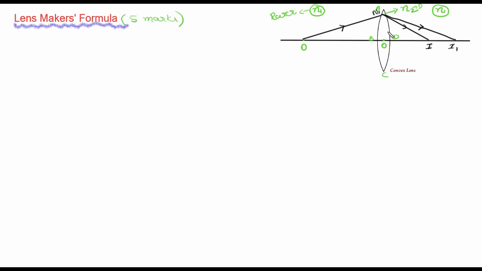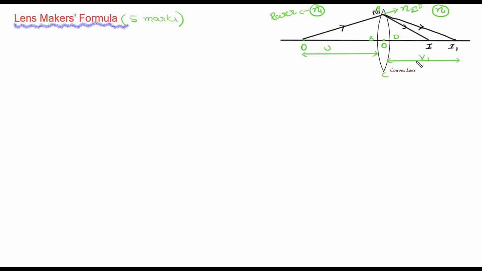In this derivation of the lens maker's formula, you need to draw 3 ray diagrams. So this is the first ray diagram, where we have kept one object in the rarer medium and two images are formed, I1 and I. Now the distance between the object and the pole is represented by U. The distance from I1 to the pole is represented by V1.